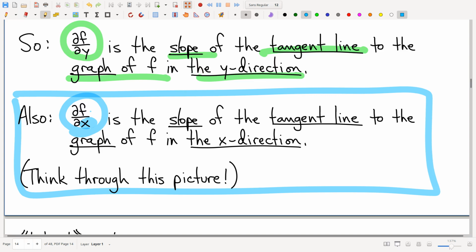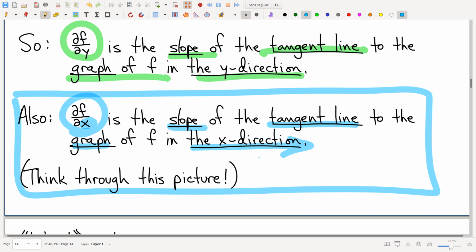The pictures are going to be a little different. Highly analogous, but very importantly different. And the punchline you're going to get, and I hope this is no surprise, is that the x partial is the slope of the tangent line to the graph in the x direction.